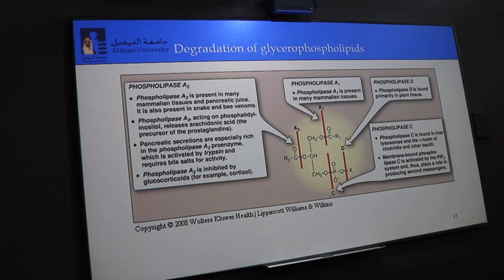So, okay. Now these two enzymes will release the fatty acid. The enzyme phospholipase C will remove this part. What do we call this part? The alcohol. Yeah, no, it's not only the alcohol, it's the phosphoalcohol. So phospholipase C will remove the phosphoalcohol.